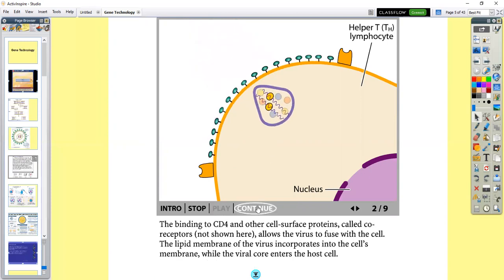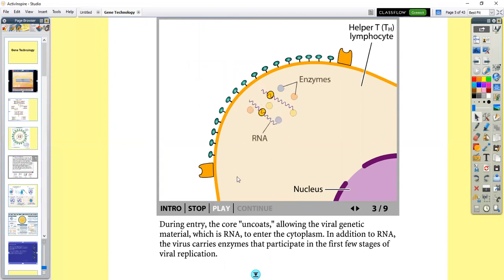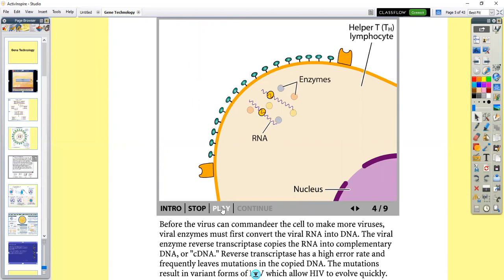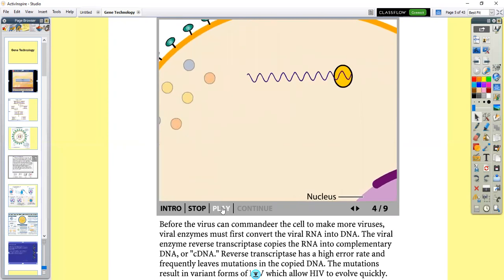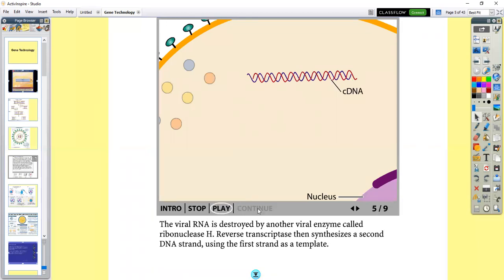So then the RNA is converted into DNA with the use of enzymes, which we can see here. Reverse transcriptase enzyme converts that RNA molecule into a single-stranded DNA molecule, or cDNA as it's known, and then that, with DNA polymerase, which comes up in a second here, is then converted into double-stranded DNA.